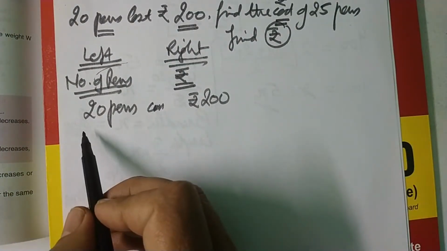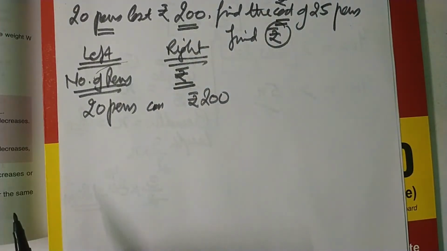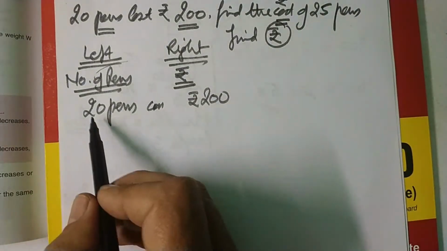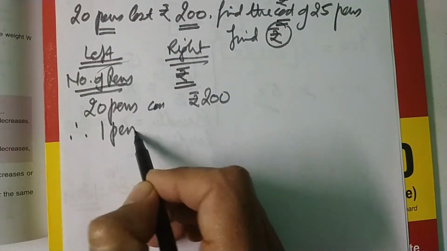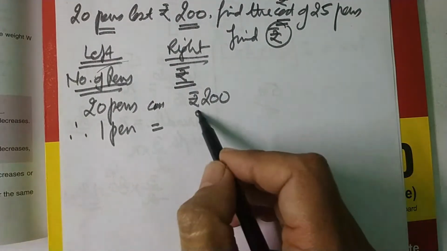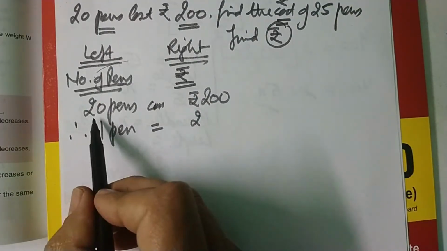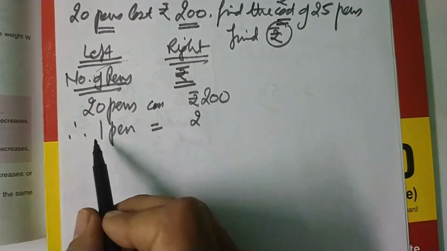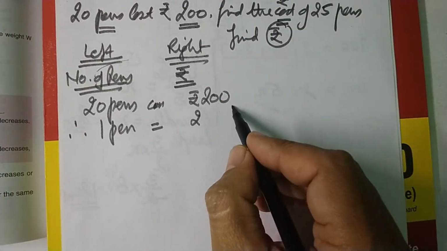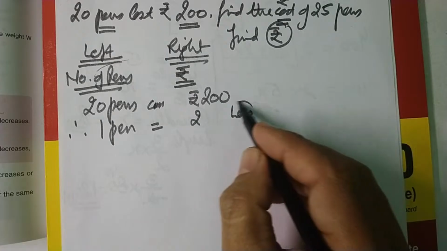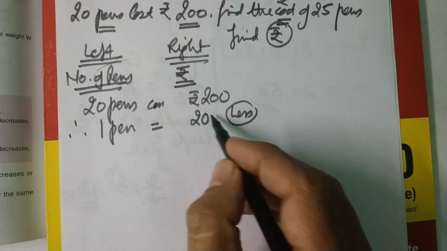Then since it is variation, I have to find what is the value of 1. If 20 things cost 200, then one pen will cost how much? One thing will cost less or more? It will cost less, everyone knows this.